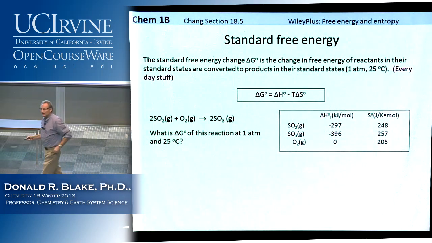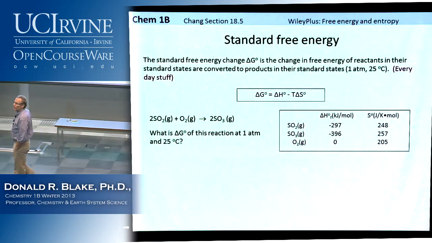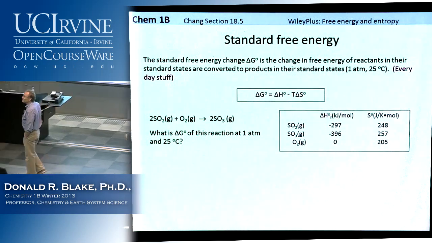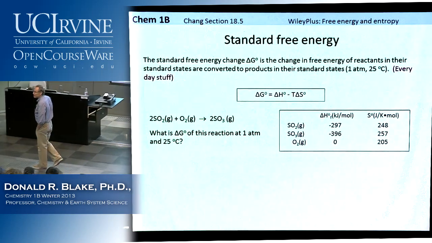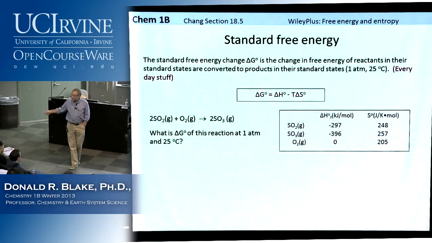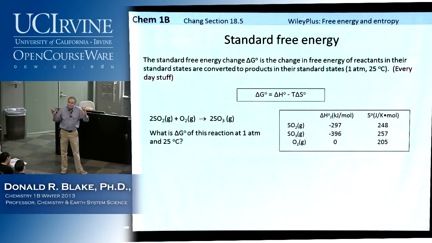So a rule of thumb is that if you count the number of moles of gas on the reactant side and the product side, then if the product side has more moles of gas than the reactant side, the entropy is positive. If it gets smaller, then it's negative. Negative entropy is bad, at least for a reaction.